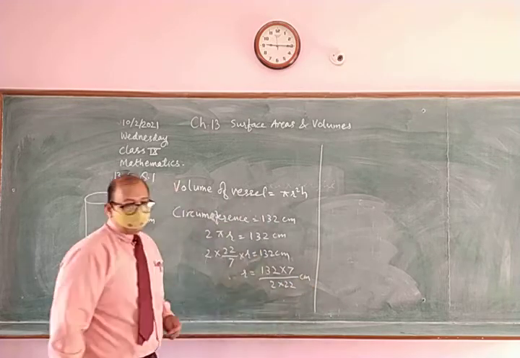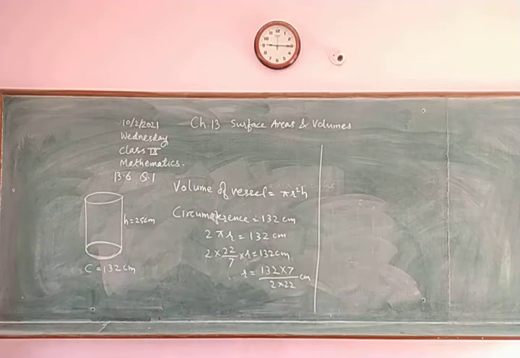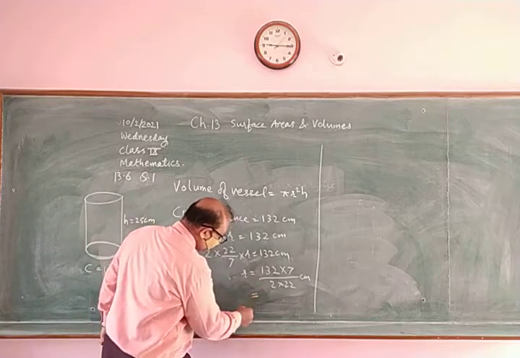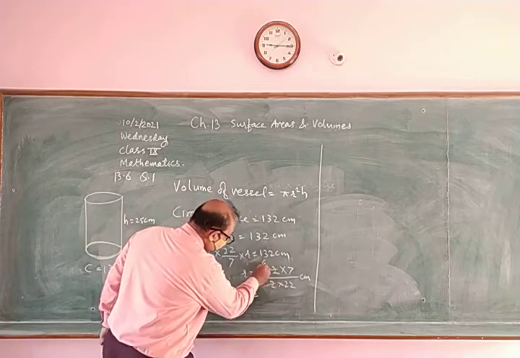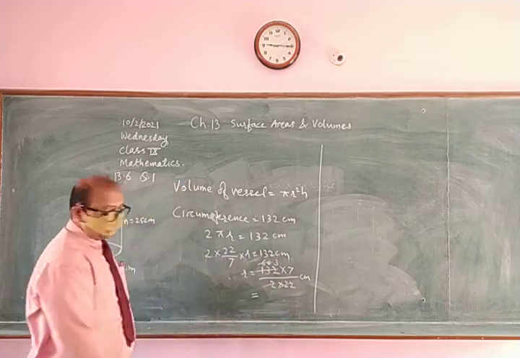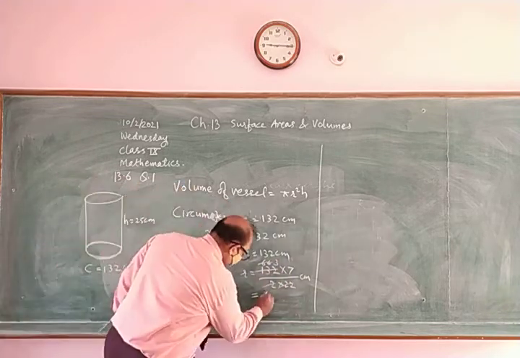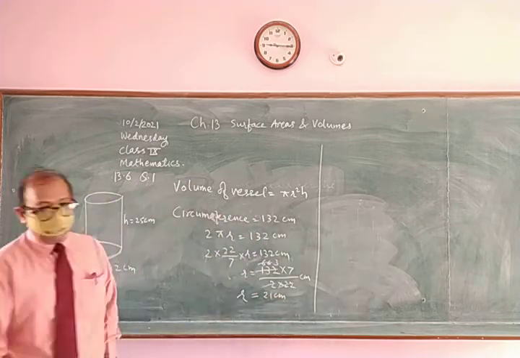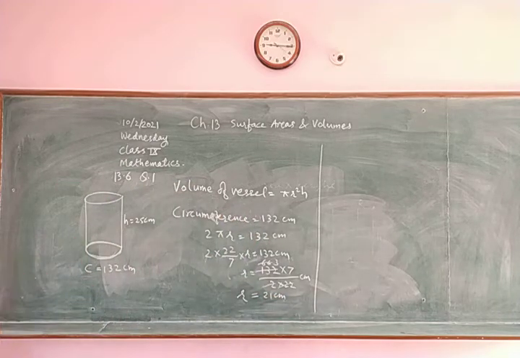Okay, solve it. What is the answer of radius? 21. 2 6s are 12, 22 3s are 66. So 7 3s are 21 centimeter is the radius. The radius of base is 21 centimeter.